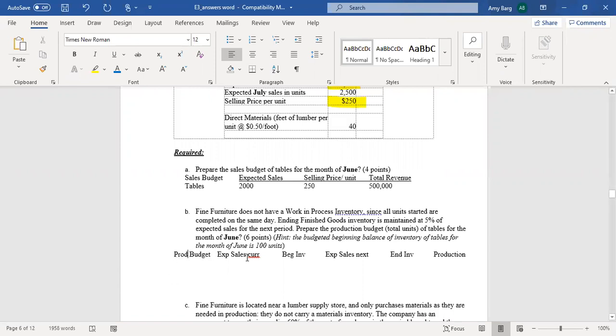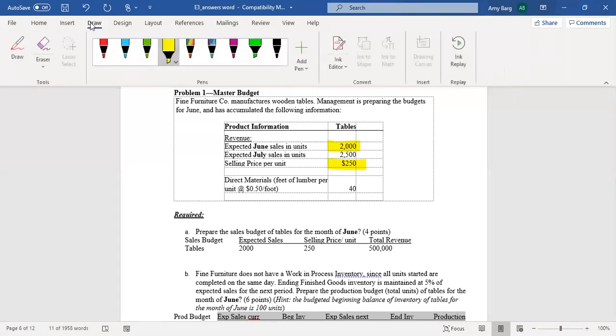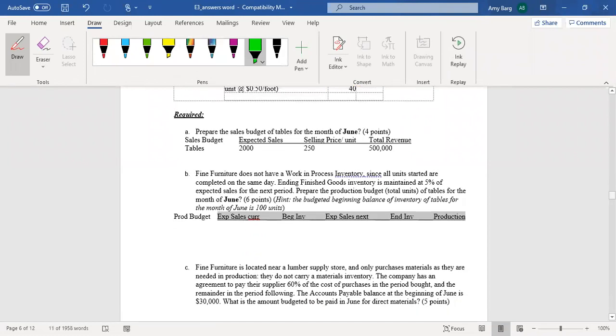Okay, so most of that information is also given to us. So the expected sales currently up here is the 2,000 from before, and the expected sales in July it tells us is 2,500. And it tells us in the problem that the ending finished goods inventory is maintained at 5% of expected sales for the next period. So that is also important information.